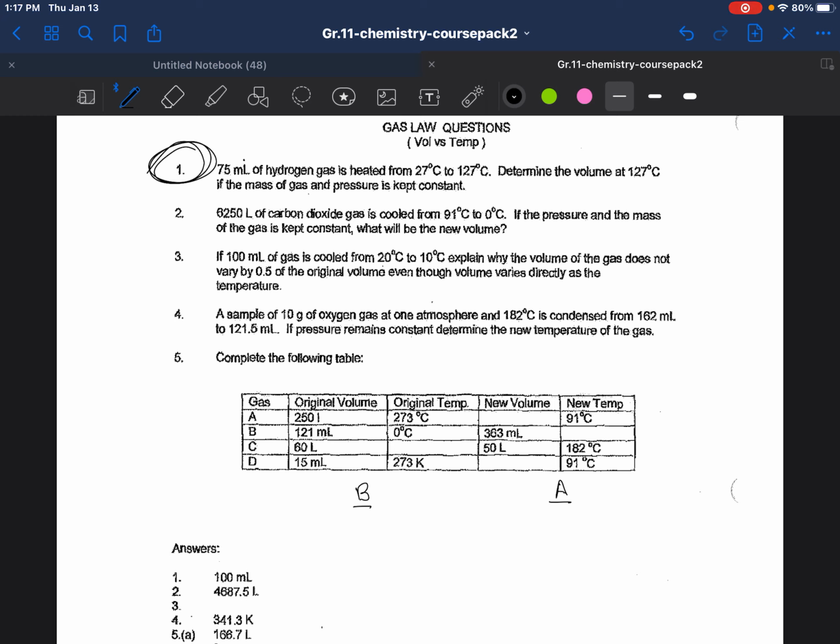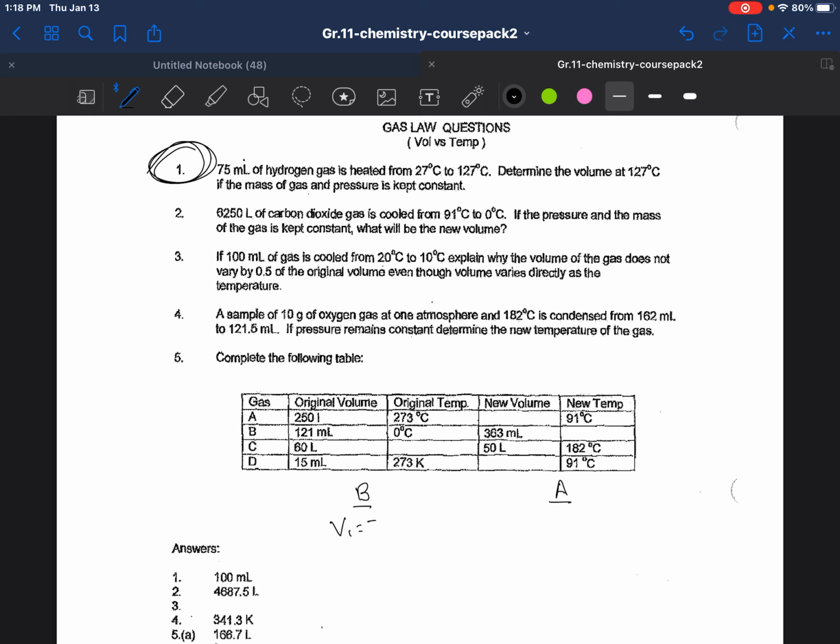If you were to heat up a cylinder with a piston at a certain place, not applying more pressure, the molecules will start to move faster and faster. They will bombard each other with more force, creating more energy. As a result, it requires more volume. So that's why when temperature increases, volume increases. That's what we're going to be expecting.